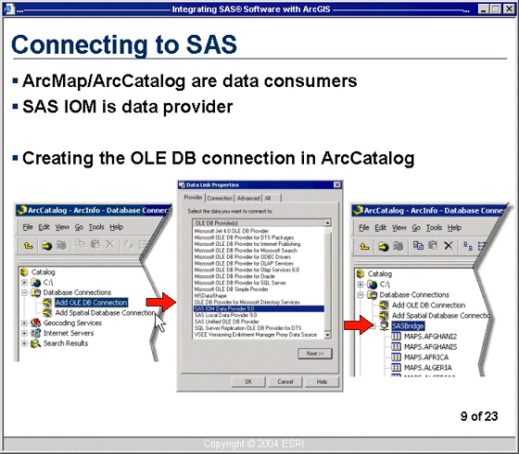For the SAS Bridge, you'll choose SAS IOM Data Provider 9.0. It will then bring up a dialog that you'll have to enter in the information for the machine that has the SAS software installed. And once you have that information, you can then click on your connection called SAS Bridge here, and you can actually see all of the tables that are available on this installation of SAS. I'll be doing this for you in just a moment in a demo.